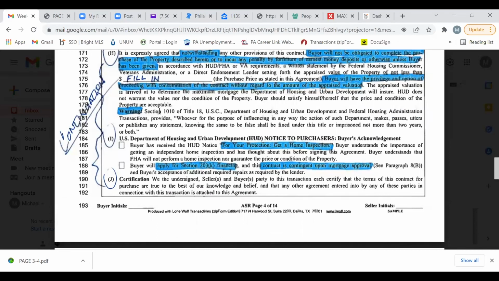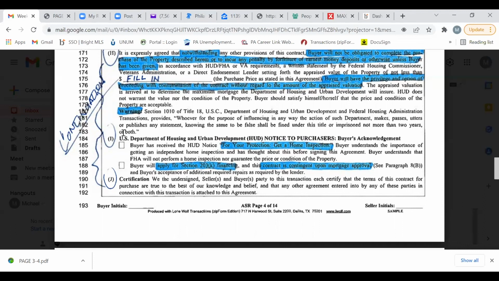Section I, paragraph I. This is the HUD's buyer acknowledgement. The first box, which should be check marked, is a HUD notice, get a home inspection. It's just advising their client to do a home inspection.